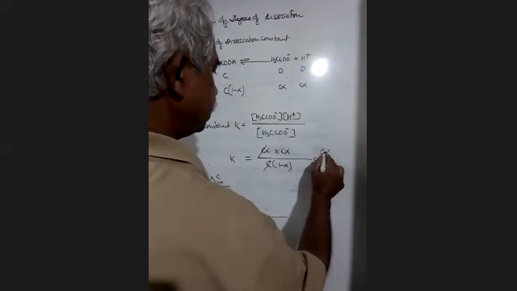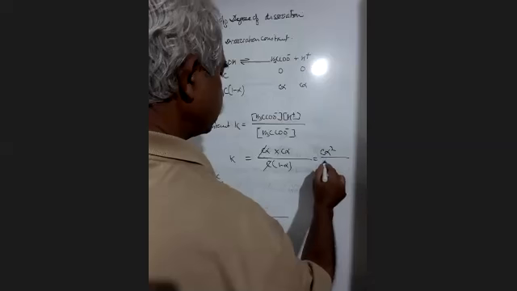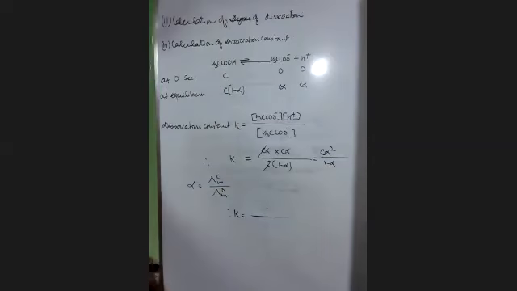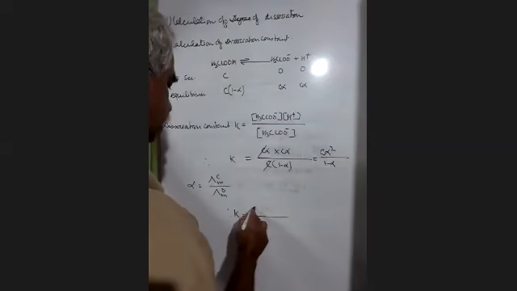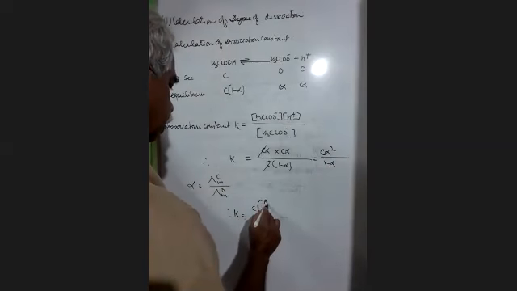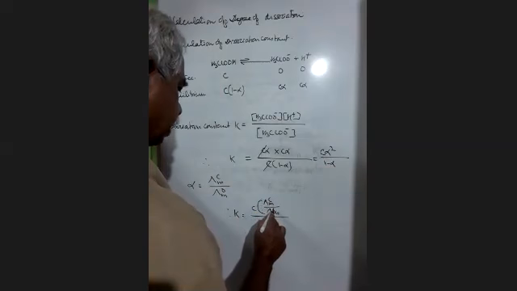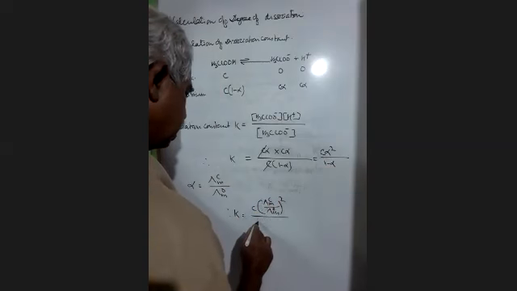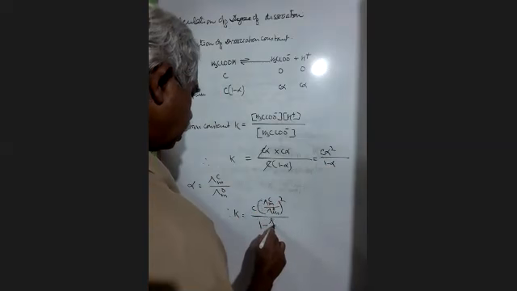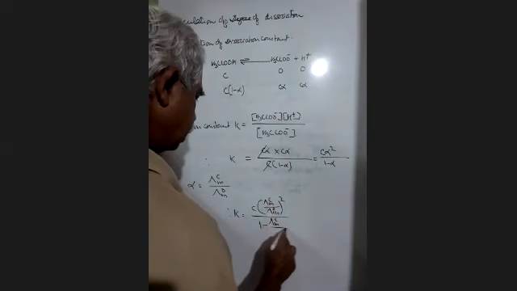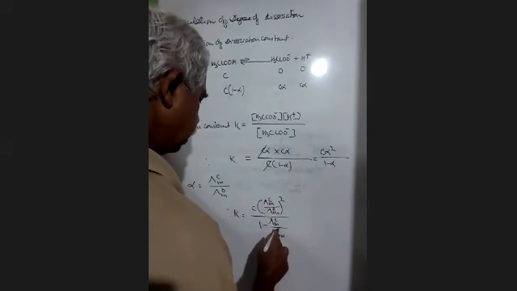So it is equal to C alpha square by 1 minus alpha. Right now here, C alpha square is what? Lambda MC by lambda M0 square, and this is 1 minus lambda MC by lambda M0.